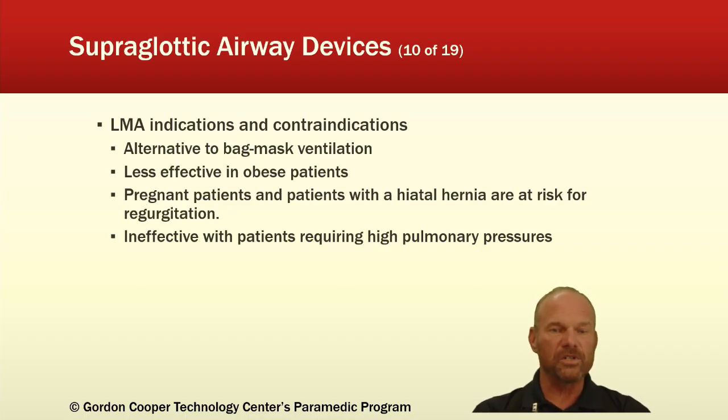There's a risk of regurgitation, so that's not going to be a great patient either. If they have a hiatal hernia or higher risk of regurgitation, that increases the chance of aspiration. High pulmonary pressure, how you might think about that, it's ineffective for those that require high pulmonary pressure for ventilation, so it's not going to be easy to maintain a proper seal under those conditions.